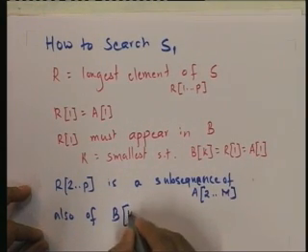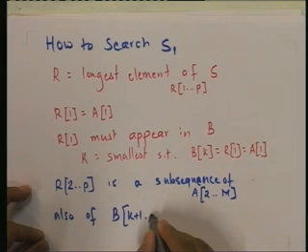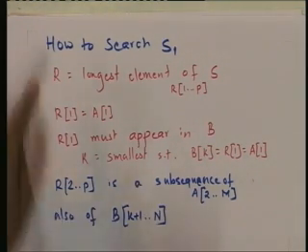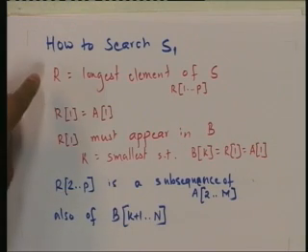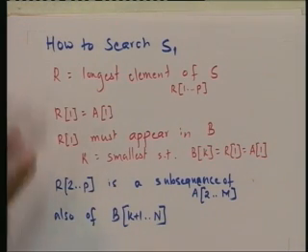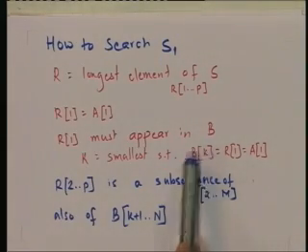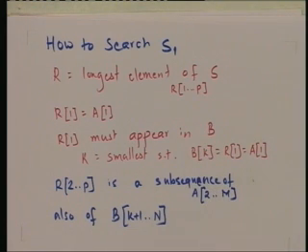So, it is going to be B of K plus 1 to N. So, this just comes from the definition of R. So, R has to be a common subsequence of A as well as B. The first element of R appears at A1 by definition of S1. It appears at K in B, and the rest of it also must be a subsequence, otherwise it will not be a common subsequence, and therefore, R must be a subsequence of this as well as a subsequence of this.